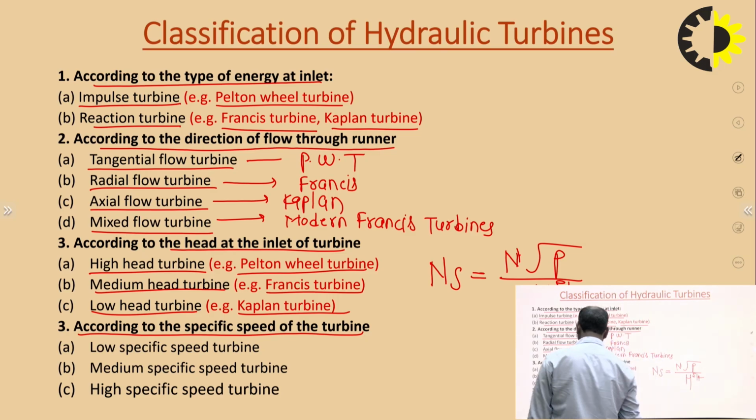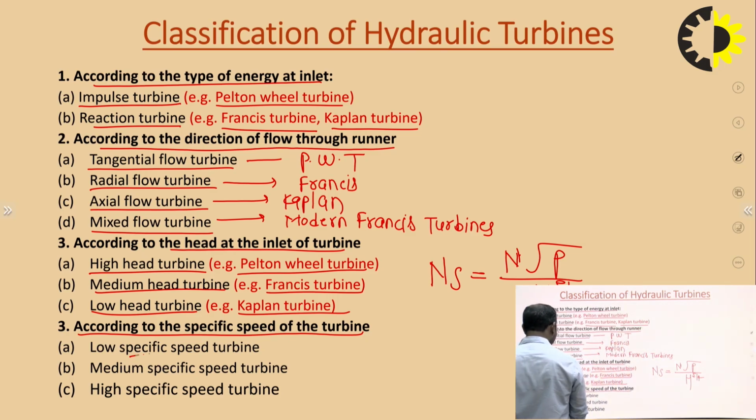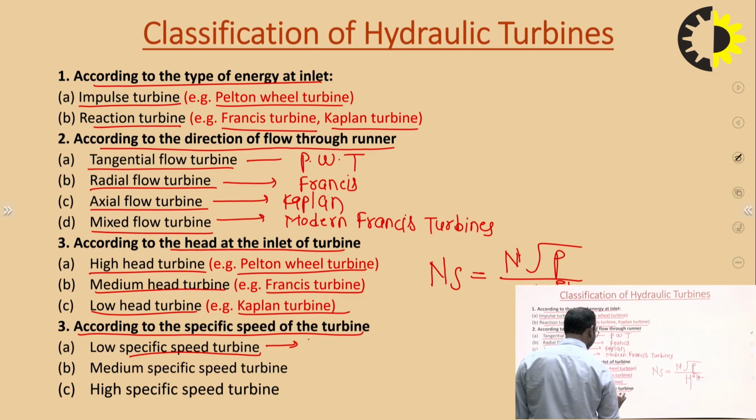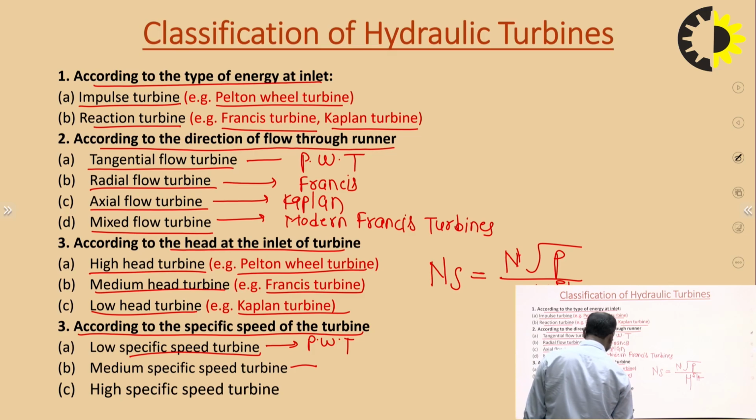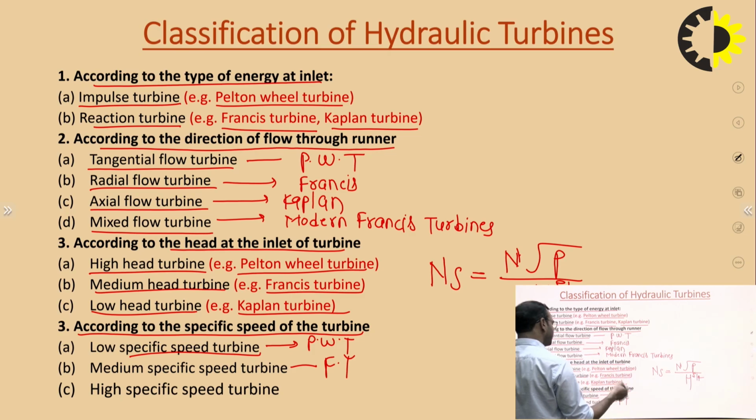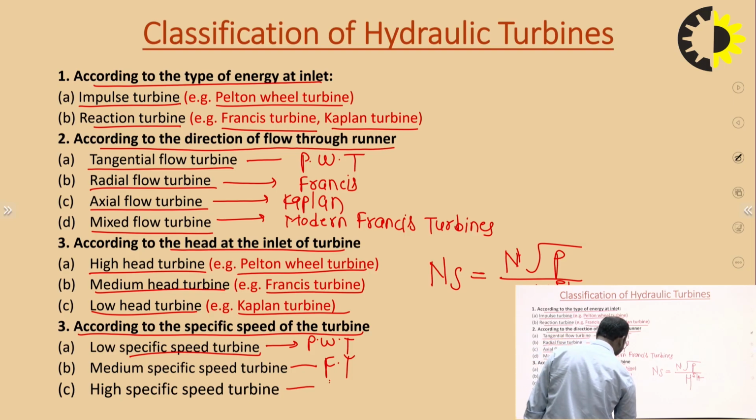If specific speed is low, then this type of turbine is called a low specific speed turbine like the Pelton wheel turbine. If specific speed is medium, then it is called a medium specific speed turbine like the Francis turbine. And if specific speed is very high, then this turbine comes under the category of high specific speed turbine like the Kaplan turbine.